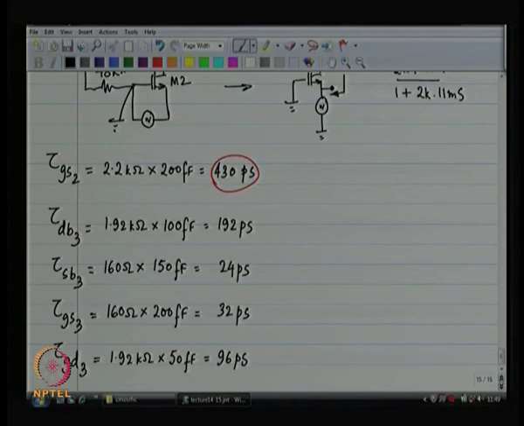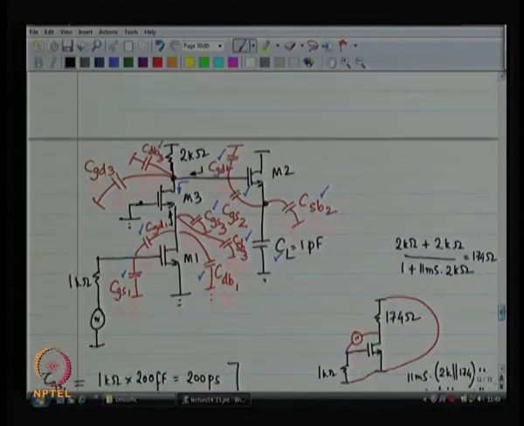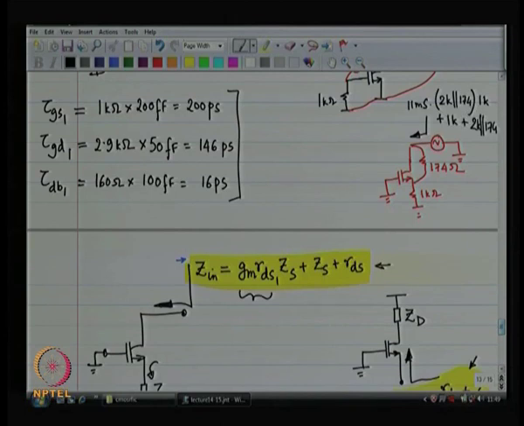Right. So, I have computed all the time constants. What is the sum total of all the time constants? That is going to give me the total time constant. Then from there I will be able to compute the bandwidth.